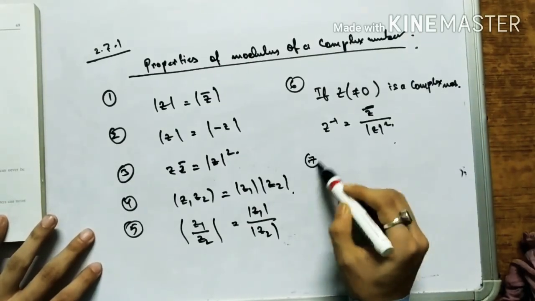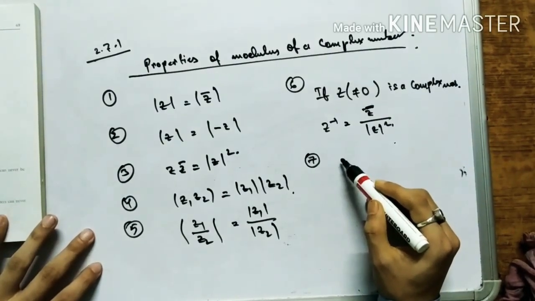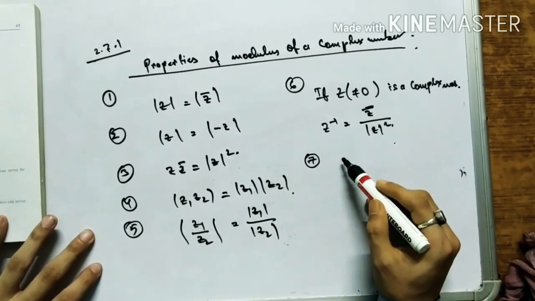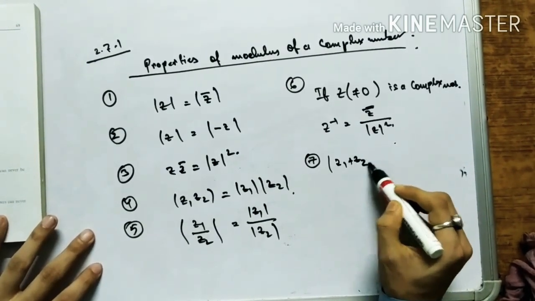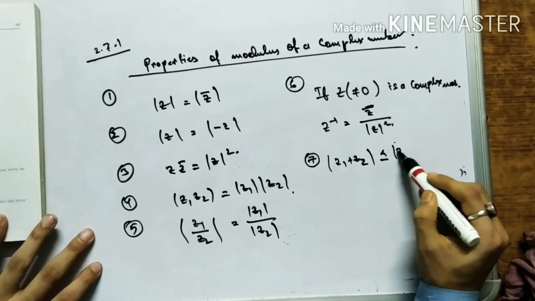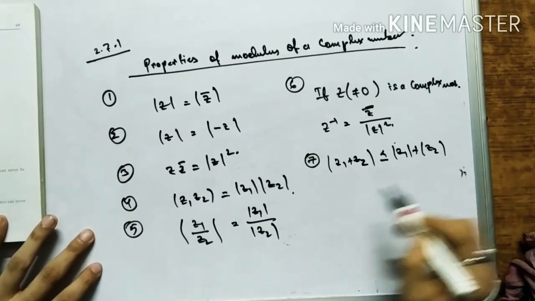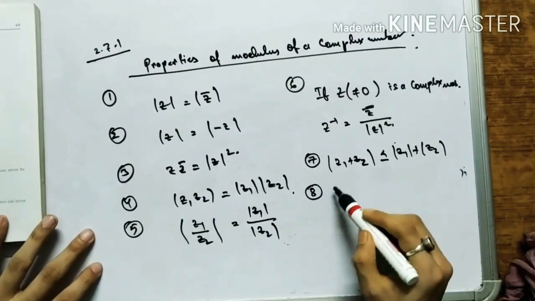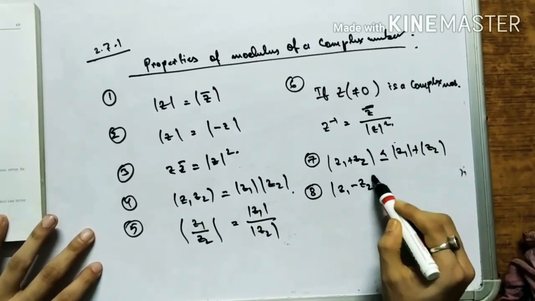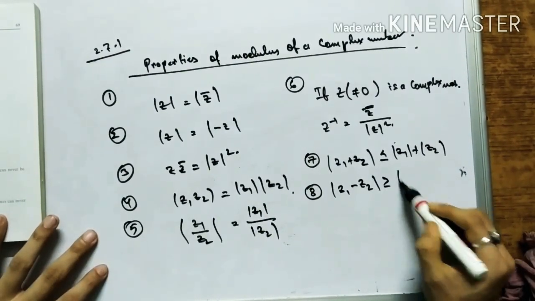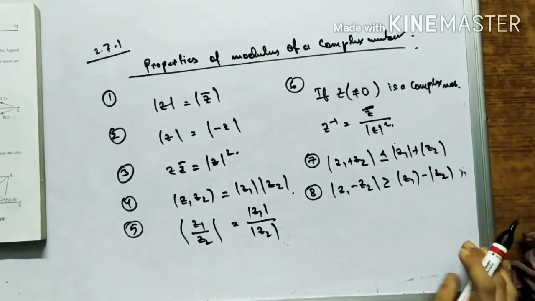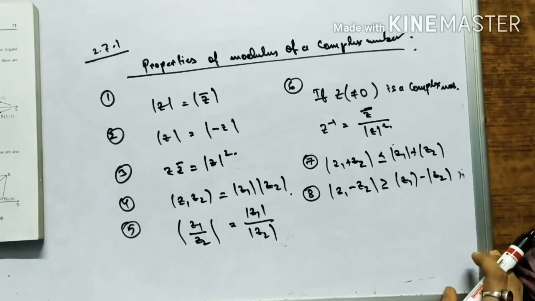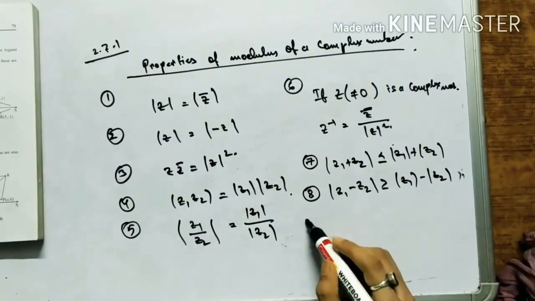Next, number 7: the modulus of the sum of two complex numbers can never be greater than the sum of their moduli. If z1 and z2 are two complex numbers, then modulus of z1 plus z2 is less than or equal to modulus z1 plus modulus z2. Important there. Number 8: modulus z1 minus z2 is greater than or equal to modulus z1 minus modulus z2.